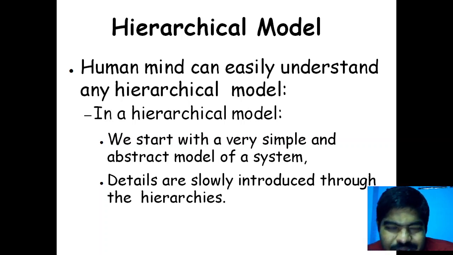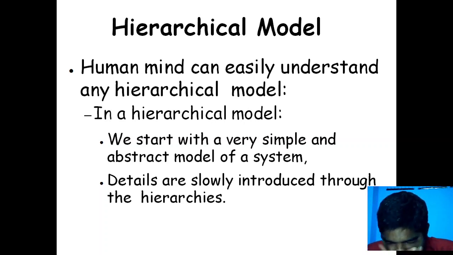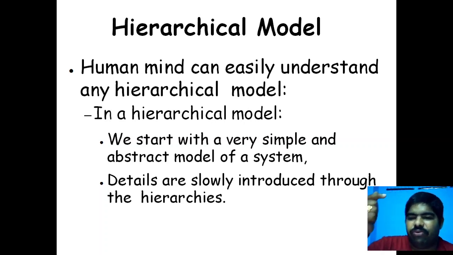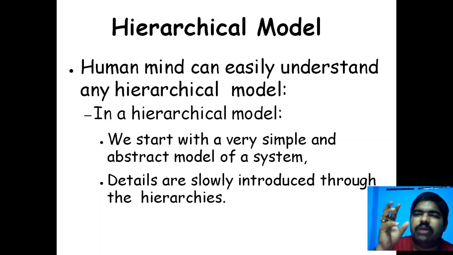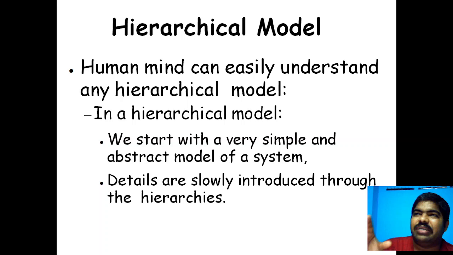The human mind understands a hierarchical model easily, because in a hierarchical model we start with one point, a simple abstract model, the first point of the system, and from there we slowly segregate it into detailed functions. So that forms the detailed hierarchy.